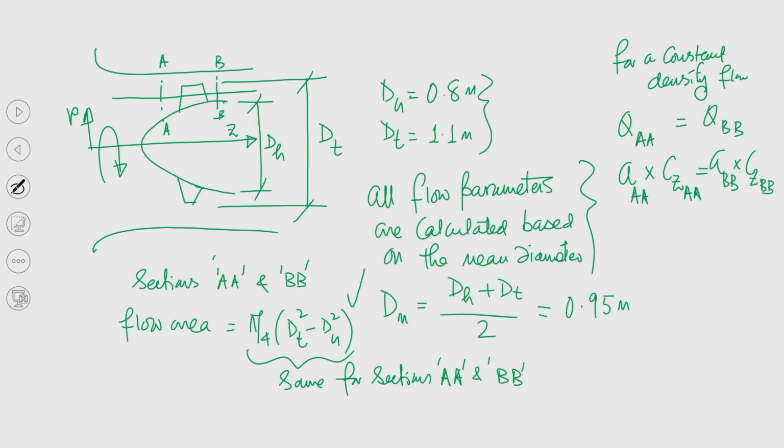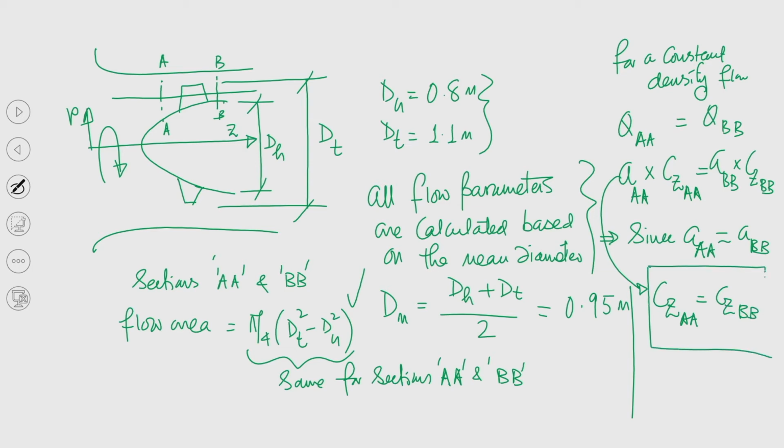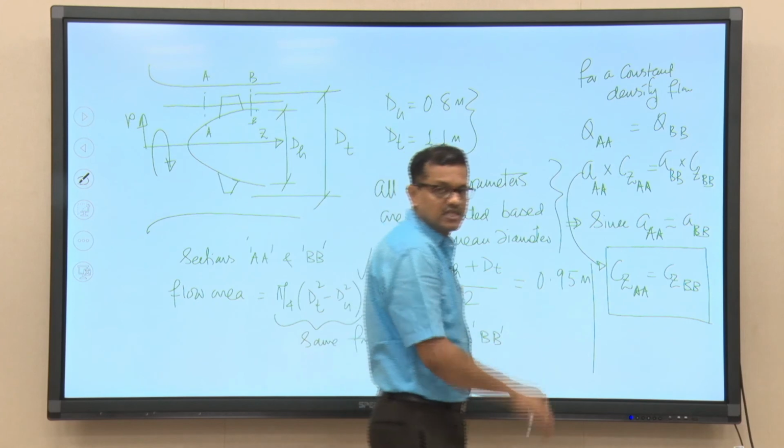So, pertaining to this geometry for a constant density flow, since area at section A equal to area at section BB, we can write CzA is equal to CzBB. So, this is what is needed to solve this particular problem, and that is why I have taken this effort here to just recapitulate.